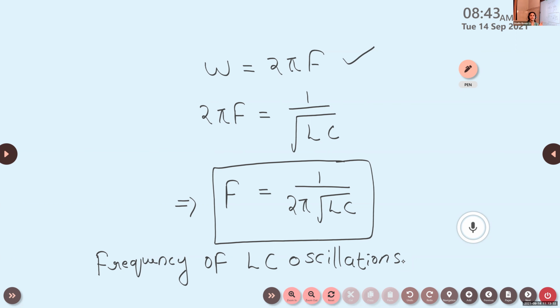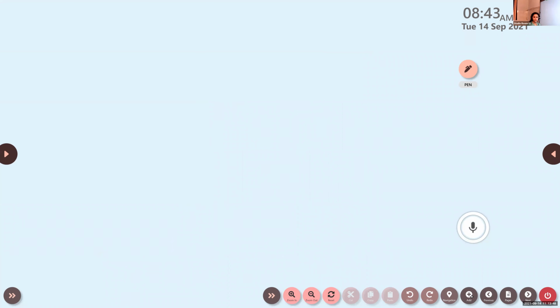The frequency of LC oscillation can be calculated by f is equal to 1 by 2 pi into root LC, where f is the frequency, L is the inductance, and C represents the capacitance. So now we can discuss what you mean by LC oscillator. First, think in your mind, as the name implies, LC oscillations.